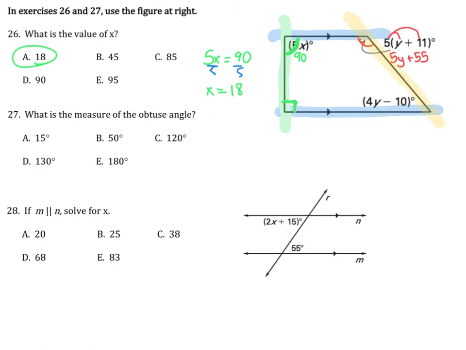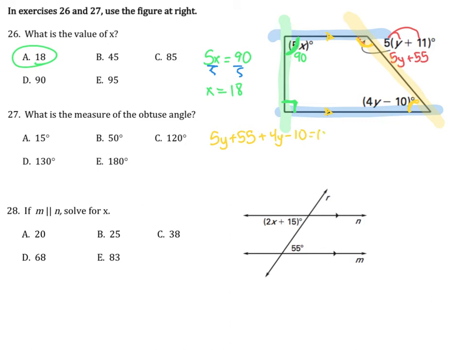For that yellow transversal, this angle with this angle are consecutive interior. That means they are supplementary angles because I have parallel lines. Two parallel lines cut by a transversal, consecutive interior angles are supplementary, meaning that they add up to 180 degrees.